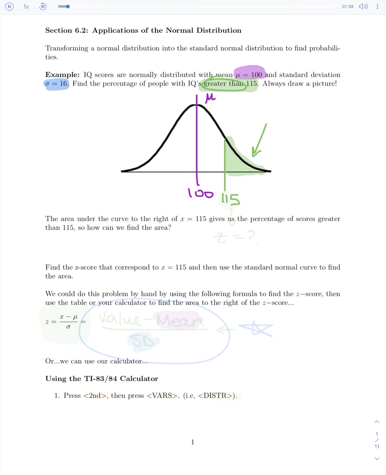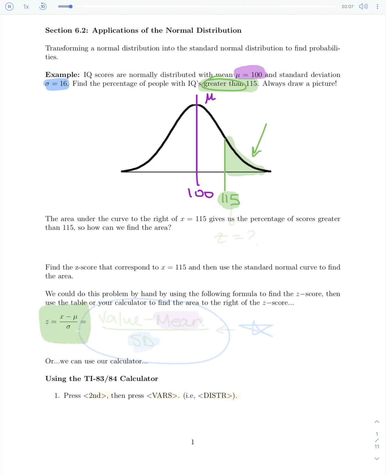Now, in the last section, we did something just like this using a normal CDF. We're going to do the same thing, but we'll have to give the calculator a little bit more information because we don't have z-values. Or you can take your 115 and turn it into a z-value using the formula we used back in chapter 3, back for test 1.